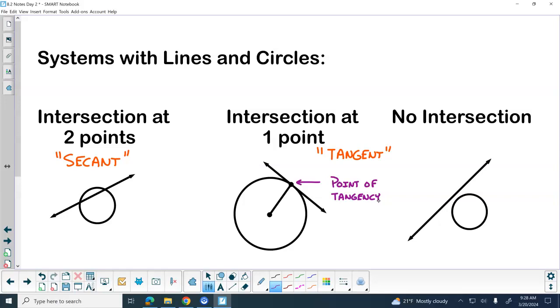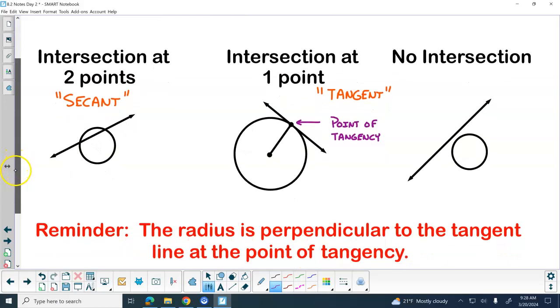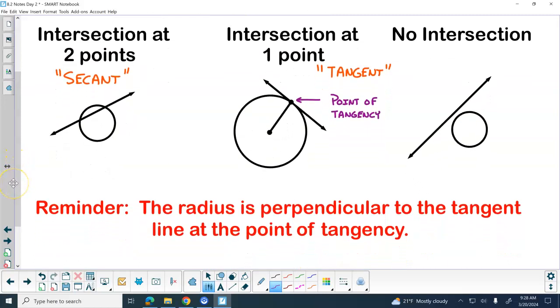Now, there's one key thing from a few years ago that you learned in geometry, and that was that the radius is perpendicular to the tangent line at that point of tangency.